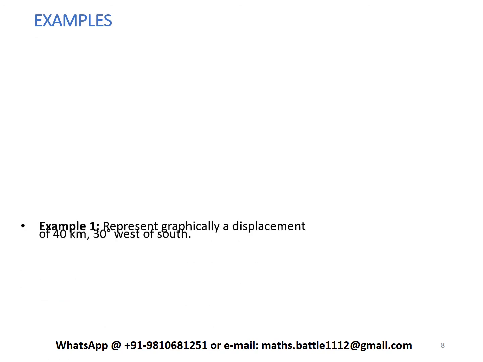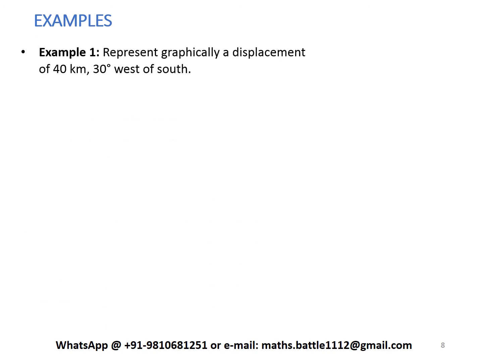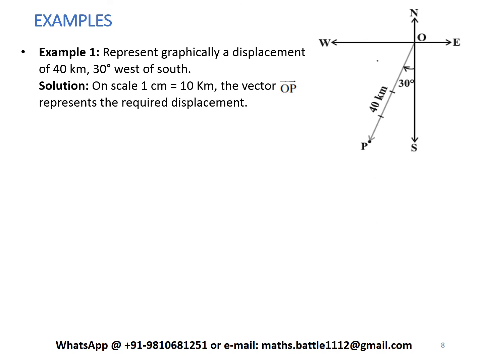Coming to the example: represent graphically a displacement of 40 kilometers 30 degrees west of south. On the scale of 1 centimeter equal to 10 kilometers, the vector OP represents the required displacement.